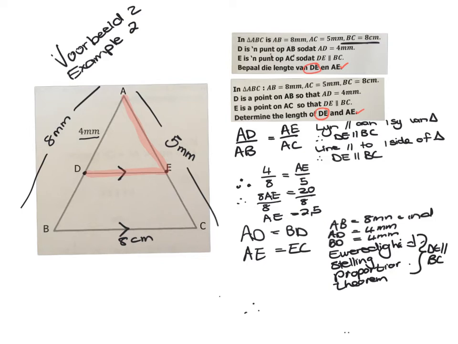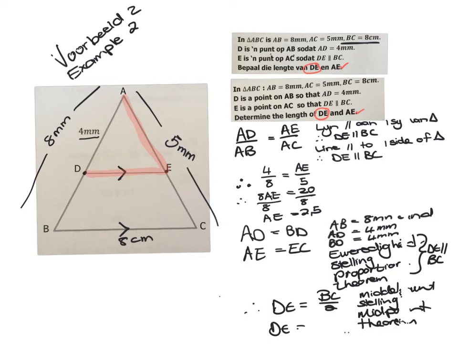So I can say DE is equal to BC divided by 2. Midpoint theorem. So DE is equal to 8 divided by 2 and that is equal to 4.